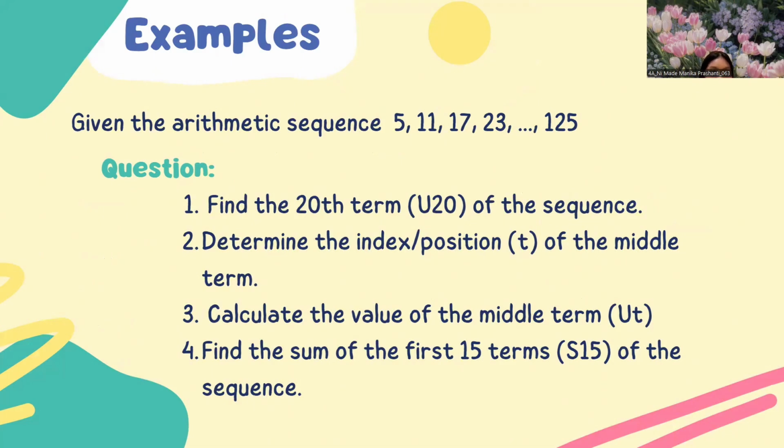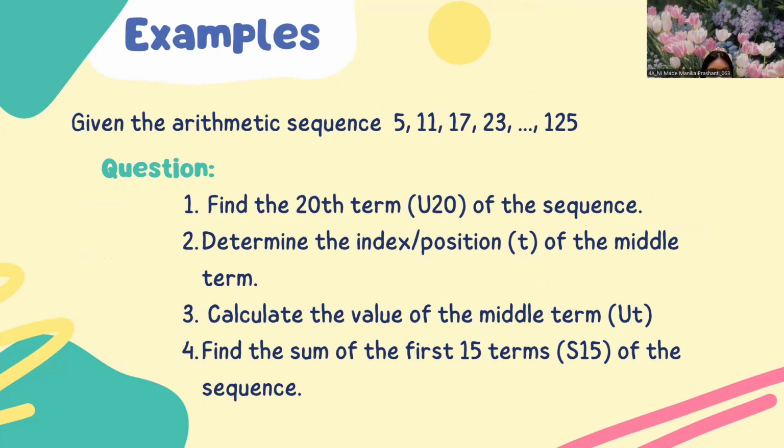The first question is, given the arithmetic sequence 5, 11, 17, 23 until 125, the questions are: first, find the 20th term of the sequence.